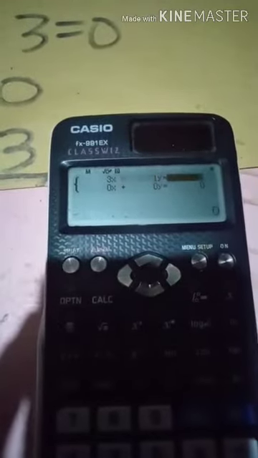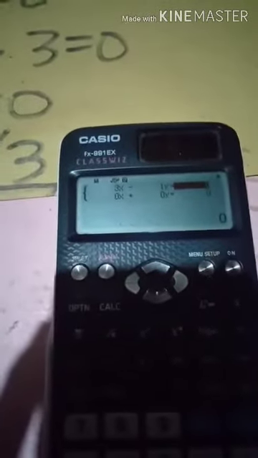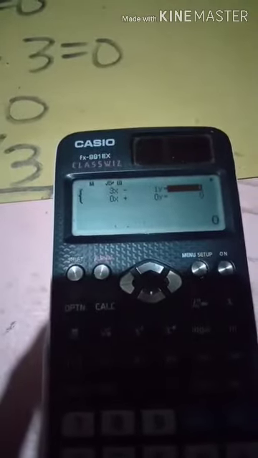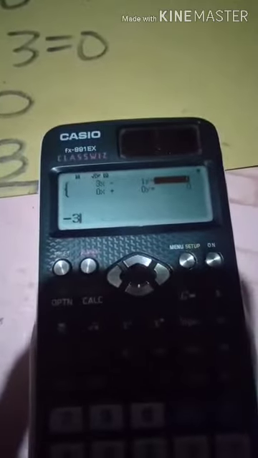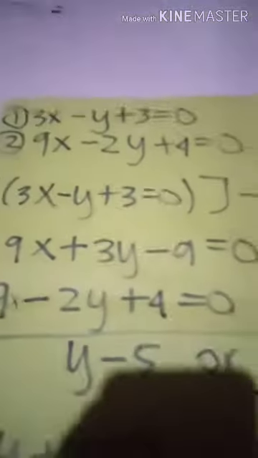For the equals, we transpose the positive 3 across, so it becomes negative 3.